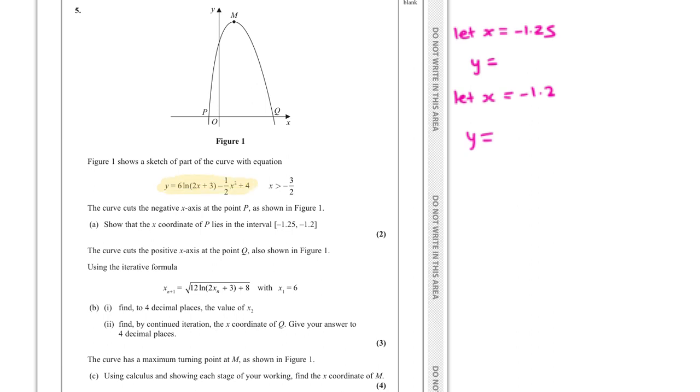Now we know that this is continuous, so what we're looking for here is a change of sign. Now when I put this into the equation, I'm going to get minus 0.9 and 0.2.